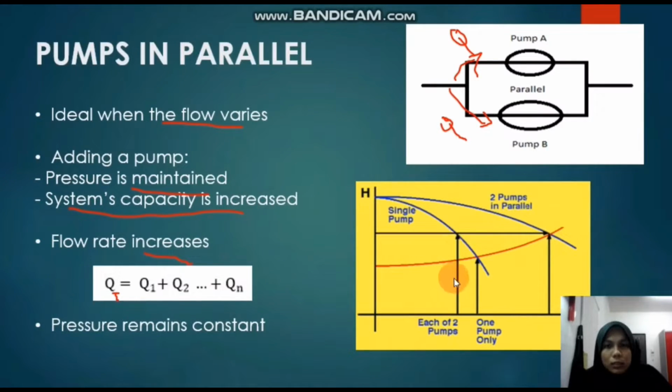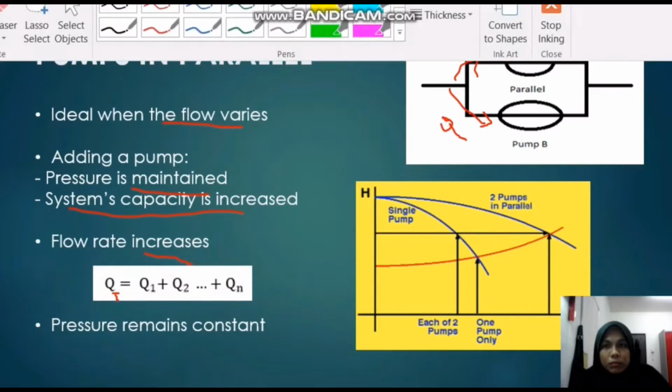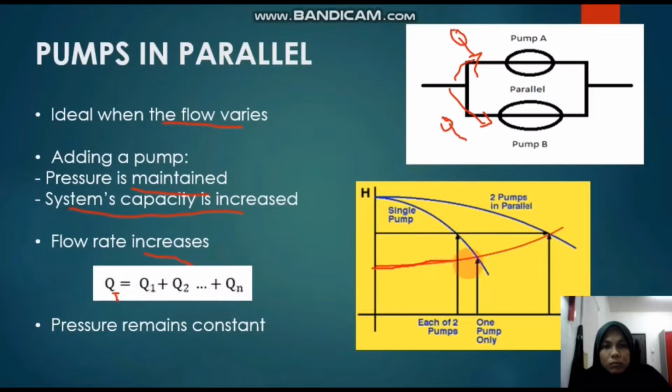So this is the system curve, and here is one pump or single pump. And instead of having one pump right here, you have two pumps connected in parallel over here, where you can see that let's say this is Q1, and this is Q2.